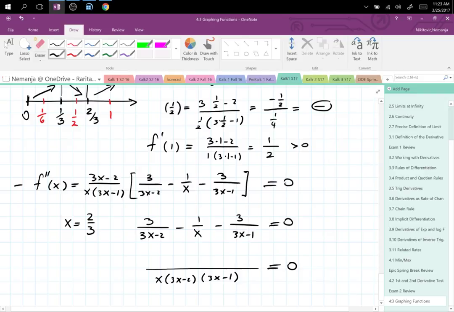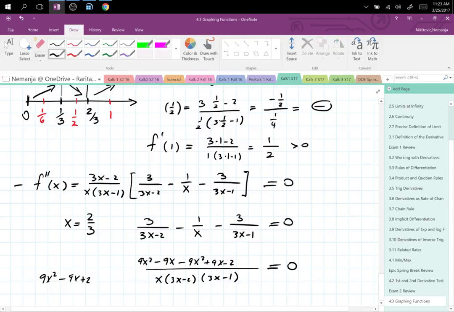So that's 9x squared minus 9x, and then 9x squared minus 3x minus 6x plus 2, so minus 9x squared plus 9x minus 2.